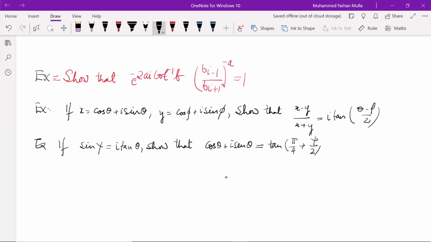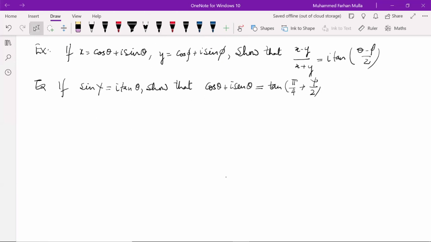So with this exercise, let me switch over to the next part of the exercise, that is De Moivre's theorem. Okay. This is over.